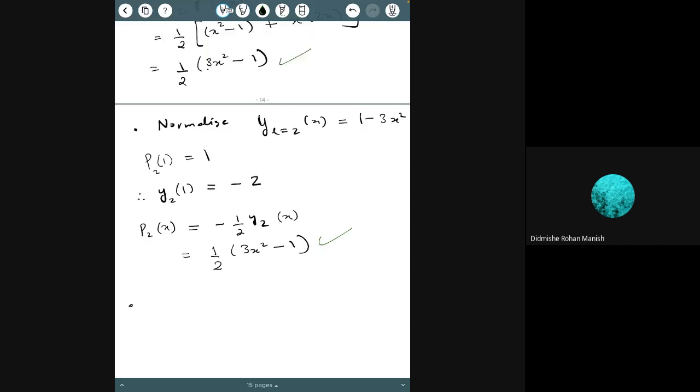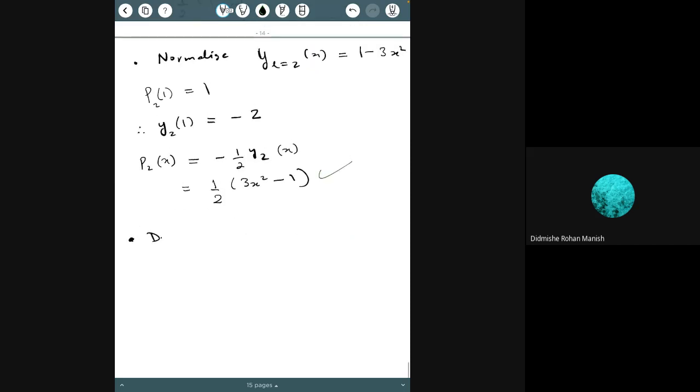So this is, what should I say? A direct formula for Legendre polynomials. Not very useful because it's difficult to remember, but just for completeness.